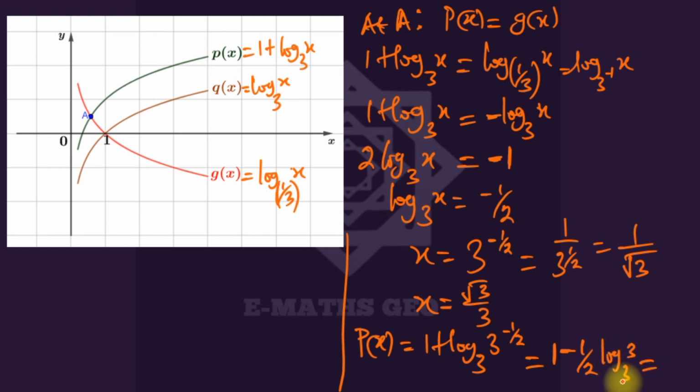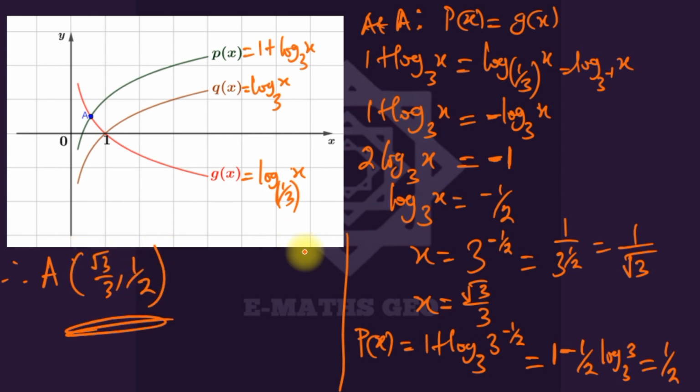Log 3 base 3 is 1. So 1 minus half is half. Therefore, the coordinate of A is root 3 over 3, comma half. So that's our answer. It's a very nice and tricky question. Thank you.